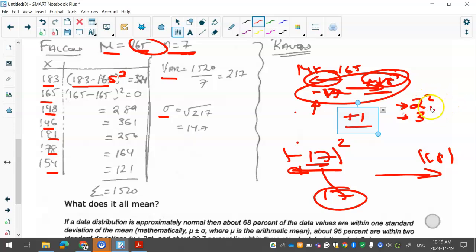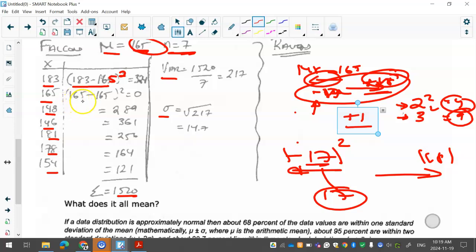But if I square these, I end up with 4 and 9. The squares of 2 and 3 have a bigger difference than 2 and 3 themselves. So what I'm saying here is, for standard deviation, the numbers that are further away from the mean are going to have a bigger contribution to what we do at the end, which is add up all the differences. Okay, so that's why we do it.